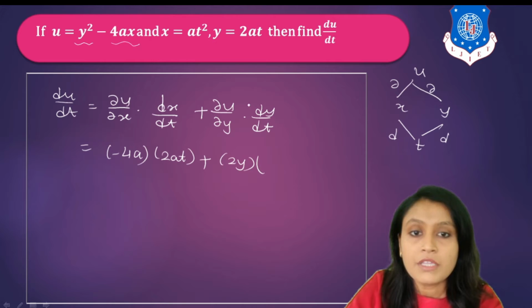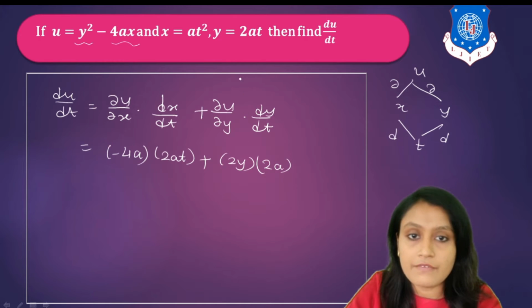Okay, next dy by dt means the derivative of y with respect to t. So you will get the answer as 2a. Now we will write everything in the form of t. So in place of this y we have to write 2at and simplify. Firstly, simplify this.